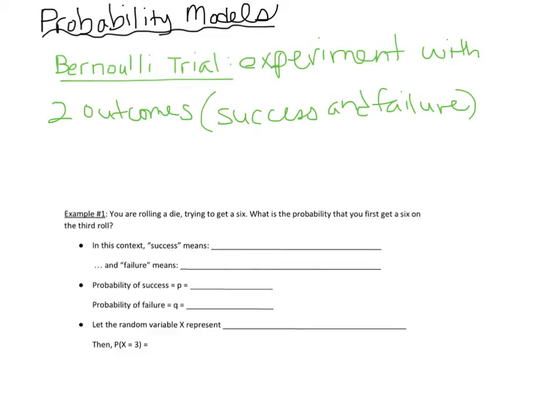What we mean by success in this case is what we're looking for, what we're trying to get. So in this case, we're trying to get a 6. In this context, success is getting a 6. Failure would be anything else, so in this case, it is not getting a 6.